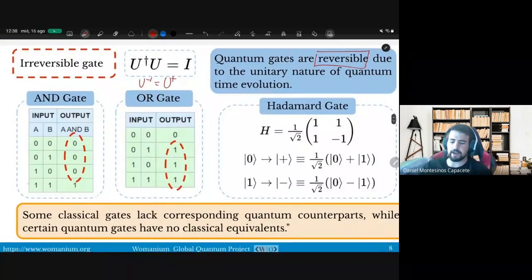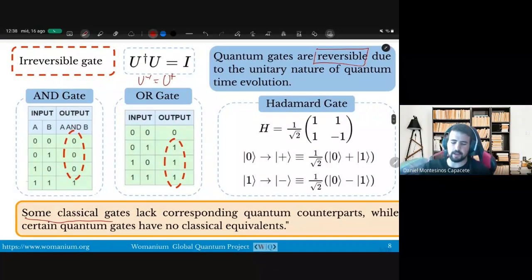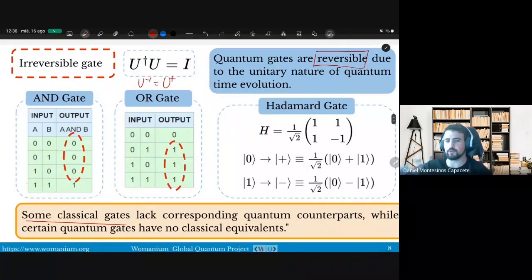An important idea here is that some classical gates, as for example the AND gate or the OR gate, don't have a corresponding quantum gate. There is no quantum gate that can do the calculation these classical gates do, because of the reversible and irreversible problem.